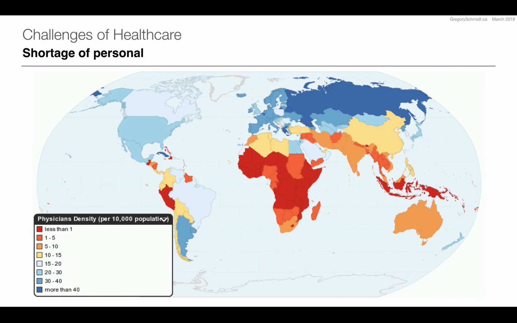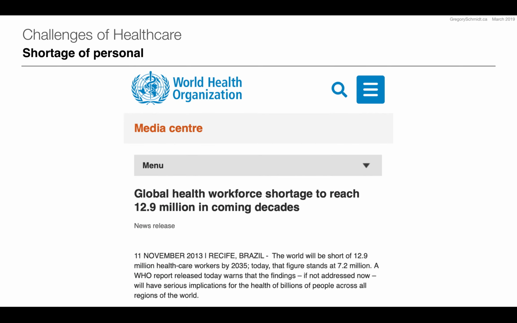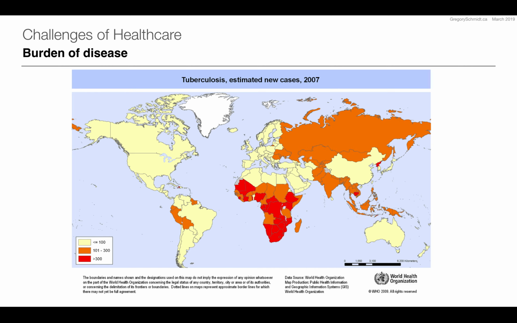When you look at the challenge of the shortage of healthcare personnel, this is a huge issue for most of the world, where you have very low physician densities. This WHO paper suggests 13 million people will be short in the healthcare workforce in the coming decades. And of course, we have a huge burden of disease, which is a challenge for healthcare.